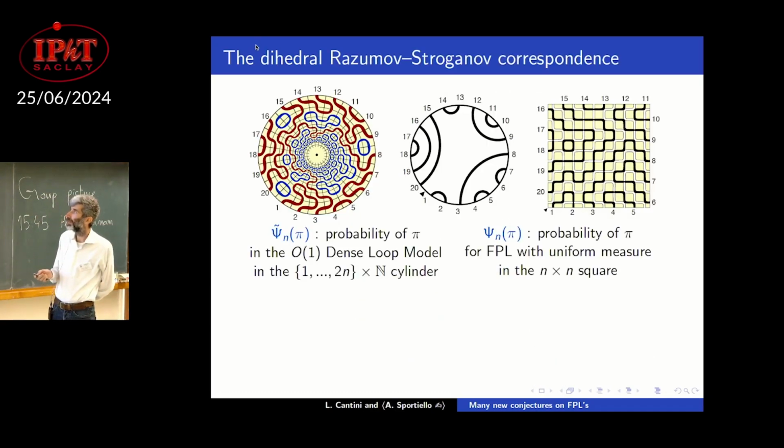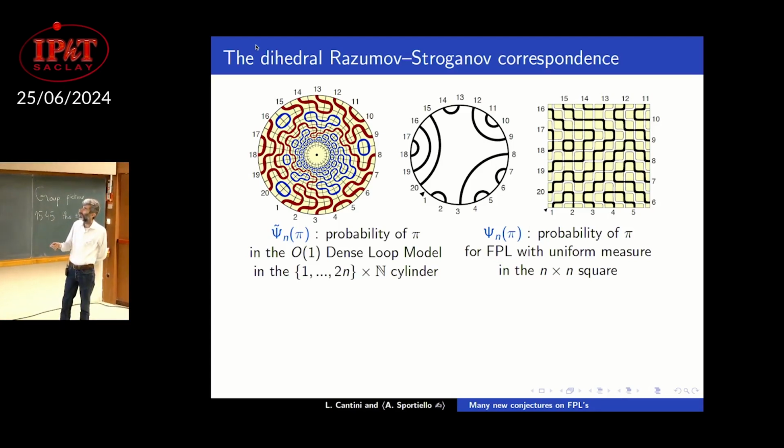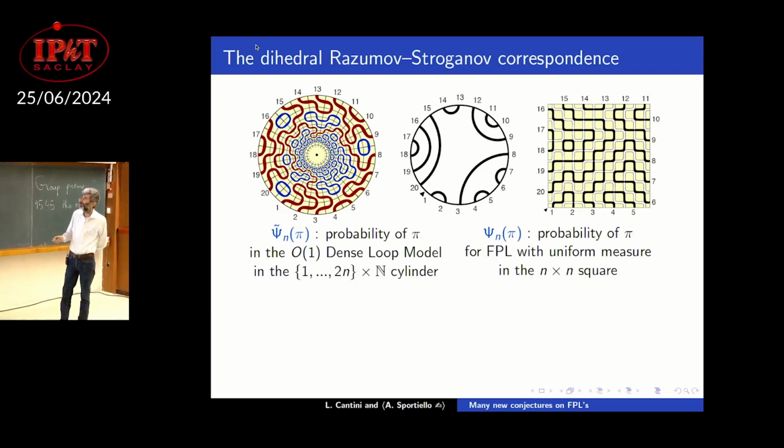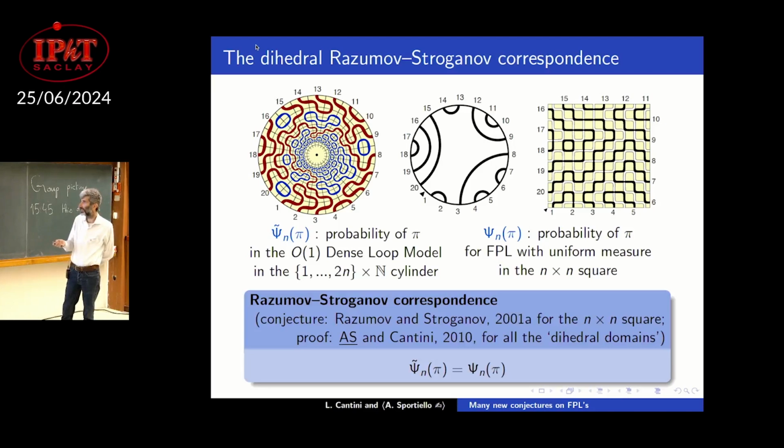And the conjecture that then became a theorem at some point is that the probability that a given FPL has a given link pattern is the same as the probability that a random infinite configuration on the cylinder model has the given link pattern, which is this.